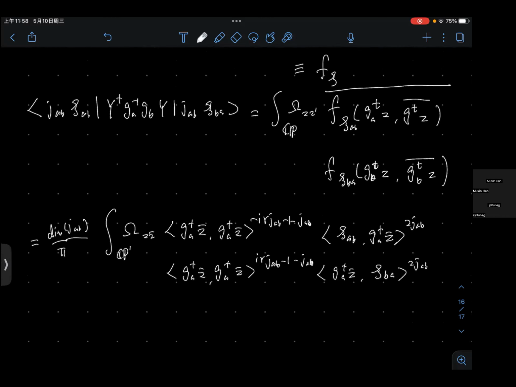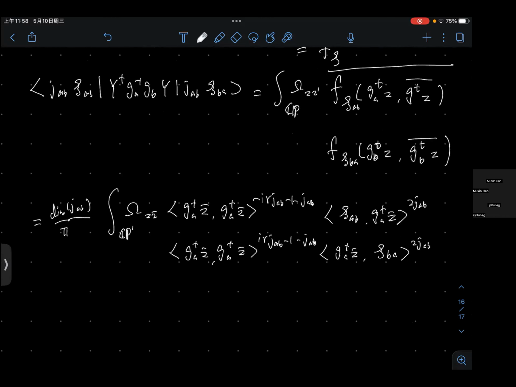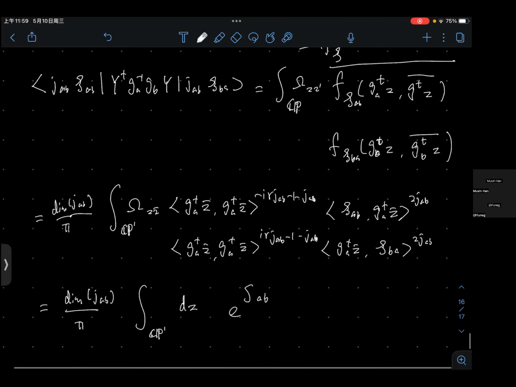Okay. Now you can actually write it as something similar to a path integral. So this is a CP1 integral with a certain integration measure. I call it dz, which is different from omega, and the exponential of some action labeled by AB, because this is a single inner product with respect to a phase.